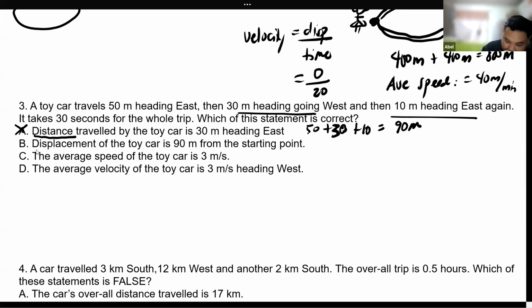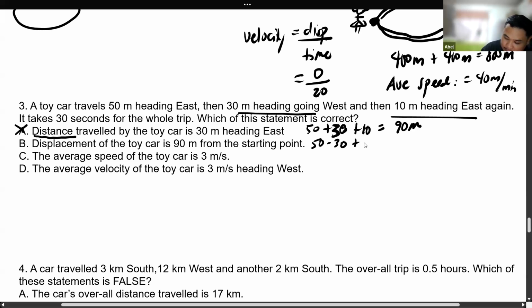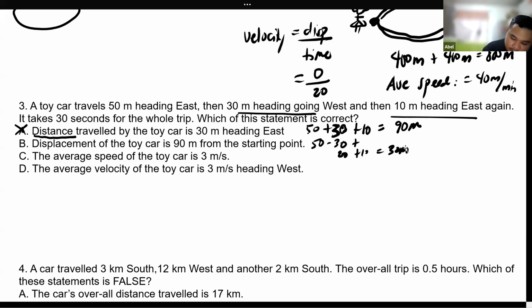No, the displacement is simply 50 minus 30, that was 20, plus 10, that would be 30 meters. And so the displacement is not 90 meters, but rather 30 meters, right?